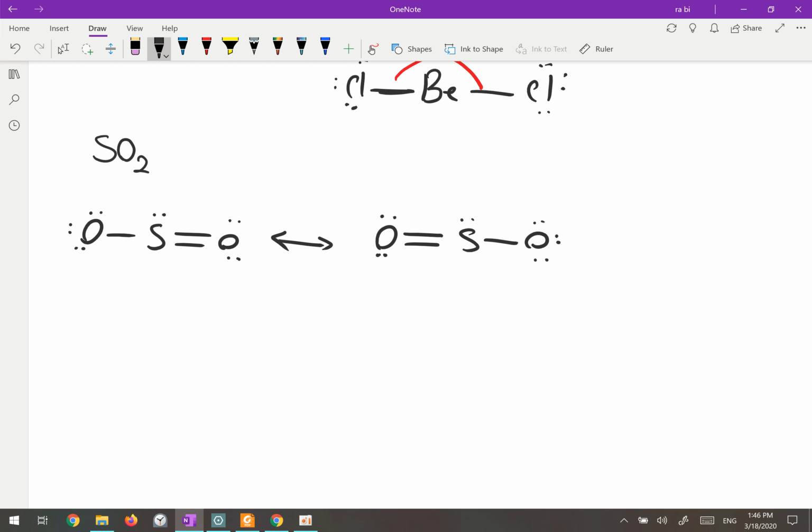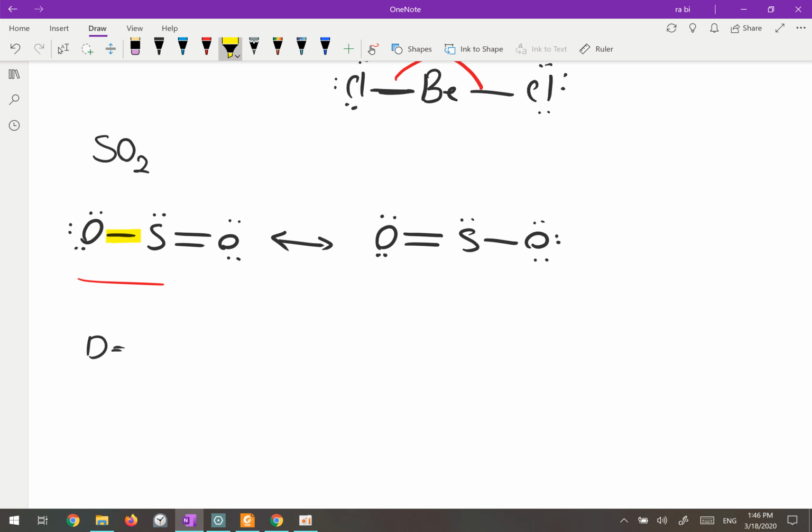When you want to draw the shape of a molecule and determine the bond angle for a molecule which has resonance structures, it's enough to take only one of these structures. So I can use this one for determining all of this. How many domains do we have in this molecule?